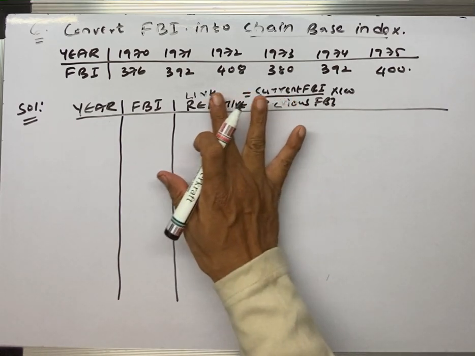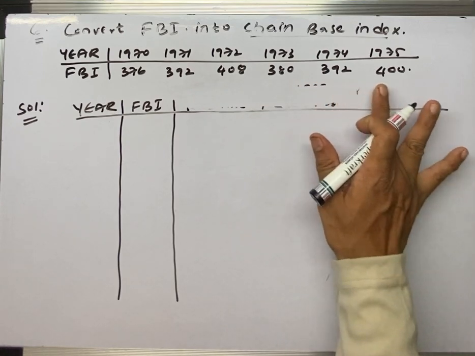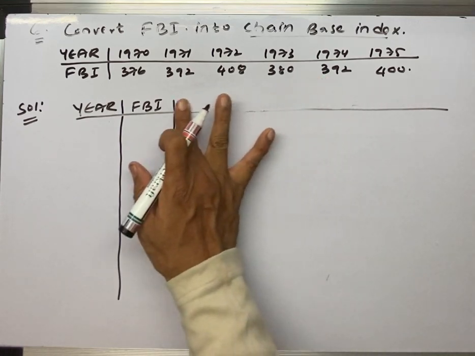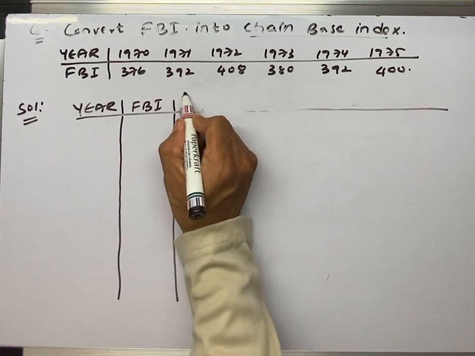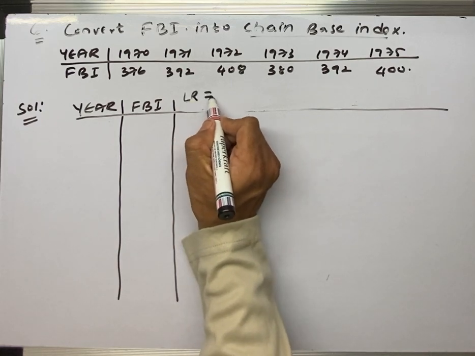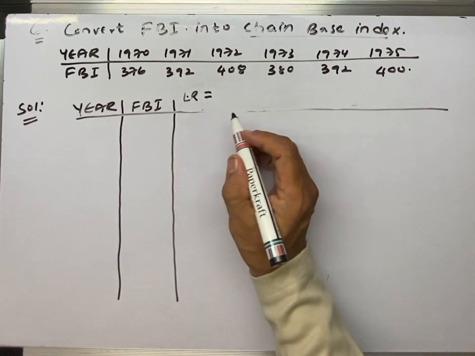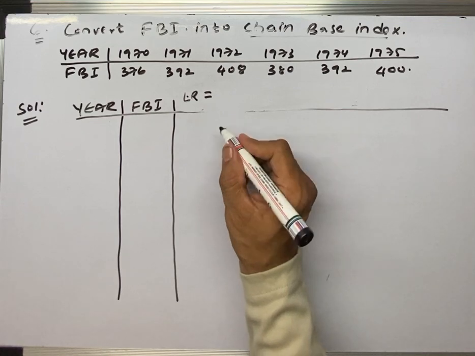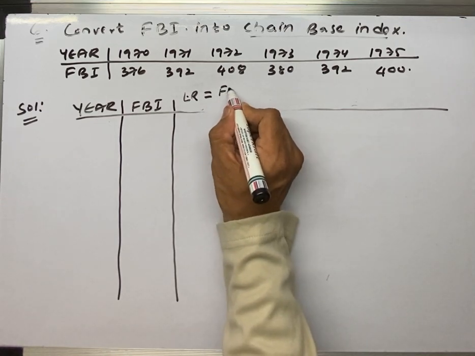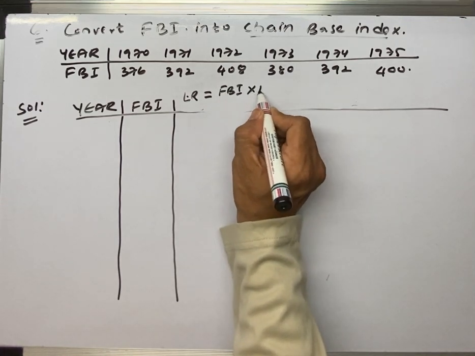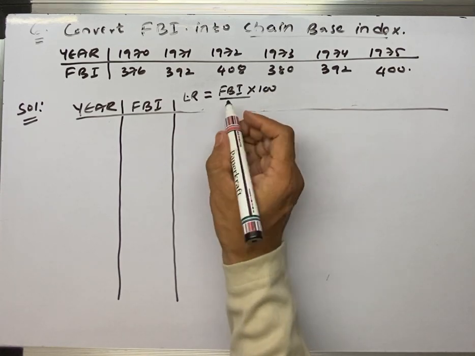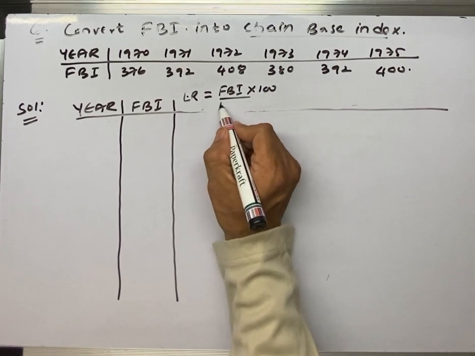Or you can remember, I'll write the short form in order to complete this question here. Link relative equals, LR is link relative, keep in mind, current year FBI into 100 divided by previous FBI.